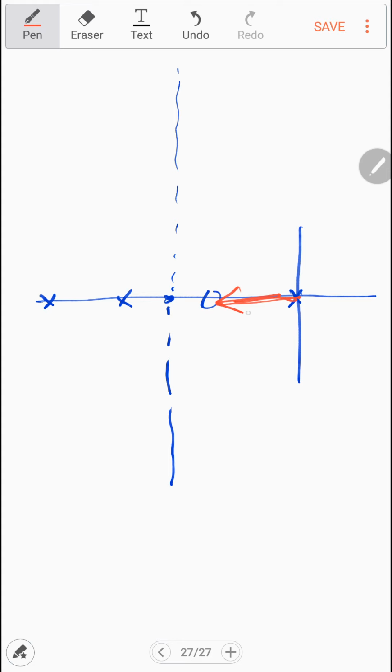One locus will be on the real axis from the poles to 0, and then these two will rise and go into the complex plane in a curve, and then be tangent to this line. So we easily draw the root locus.